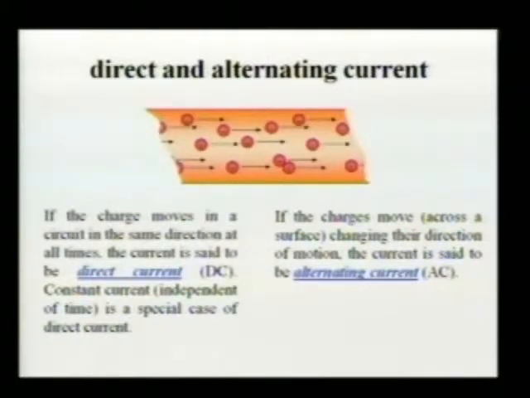Now there are various reasons why Tesla's argument won. One is that it is easier to produce, and the other is that it is easier to transform.